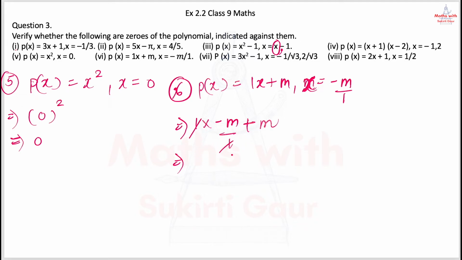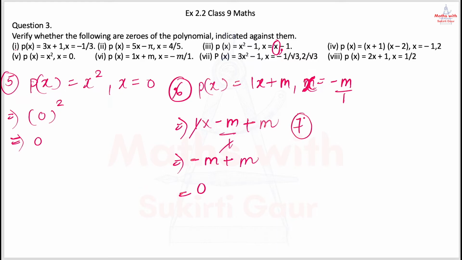Minus m plus m will give us 0, because plus minus is minus, m minus m will give us 0. Hence x = -m/l was the 0 of this polynomial.